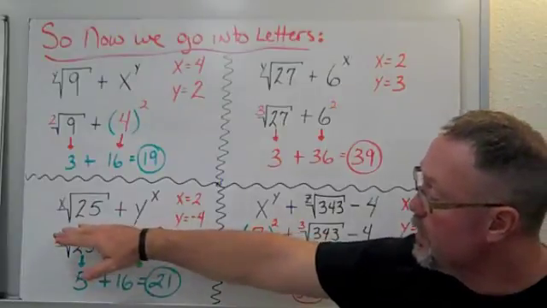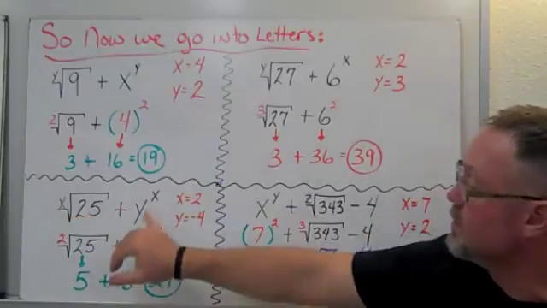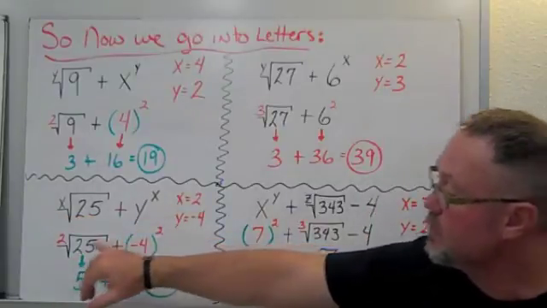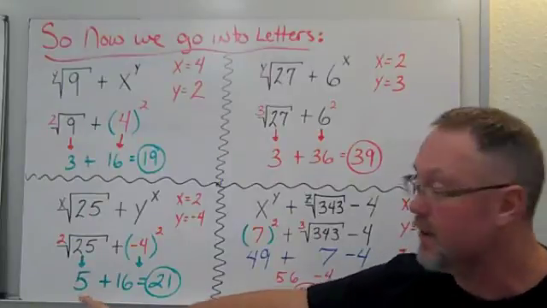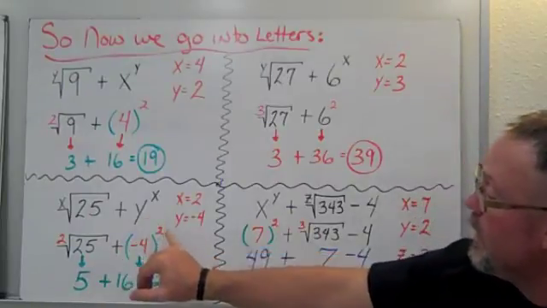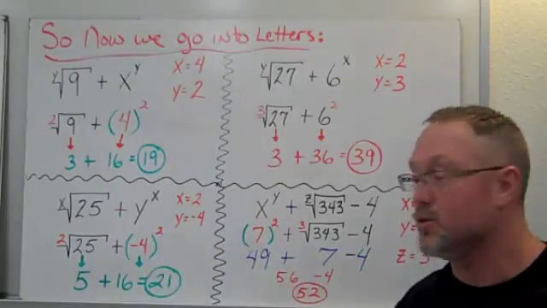For the bottom one here on the left, we have again the radical sign with the variable outside. That's going to be x, so we're taking the square root of 25, and the root of that is 5. We have a y, but in this case y is a negative 4, and this is why it's important that you use parentheses.